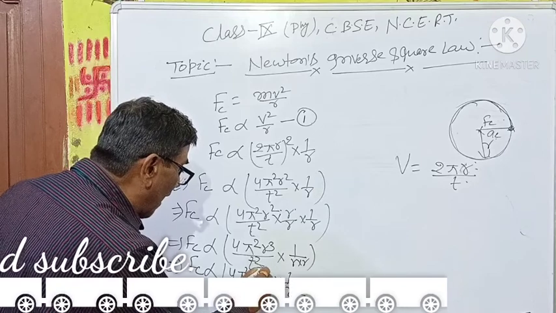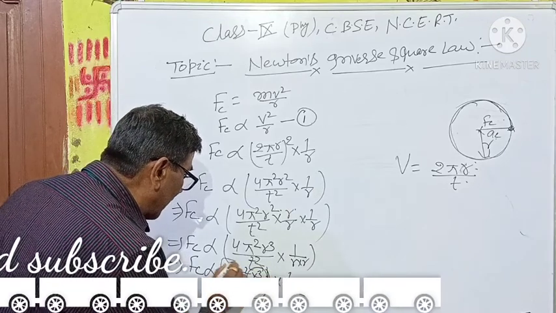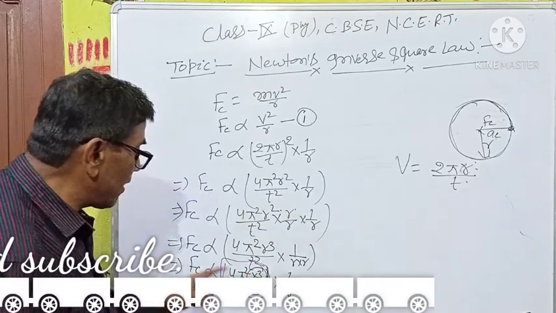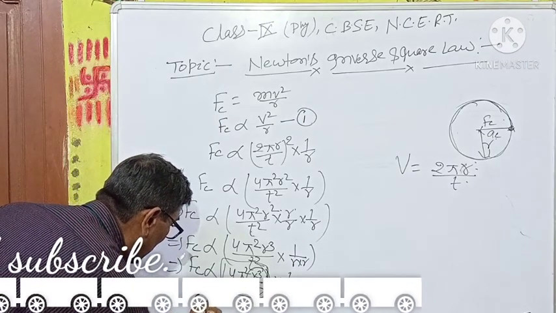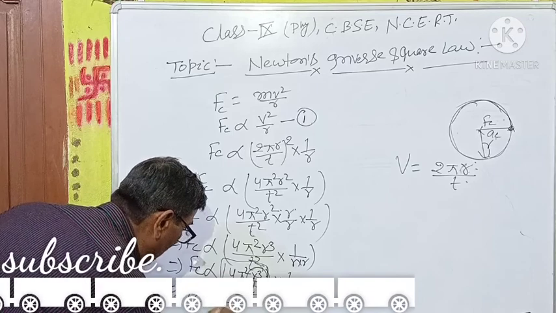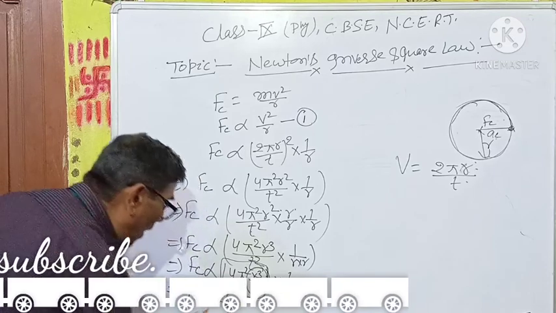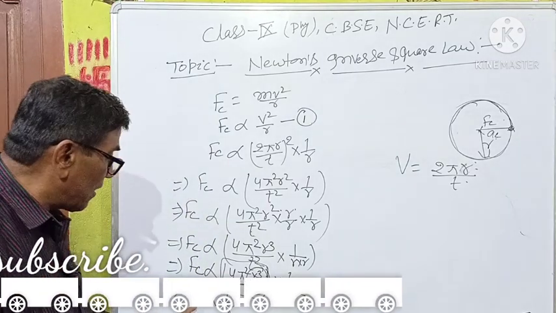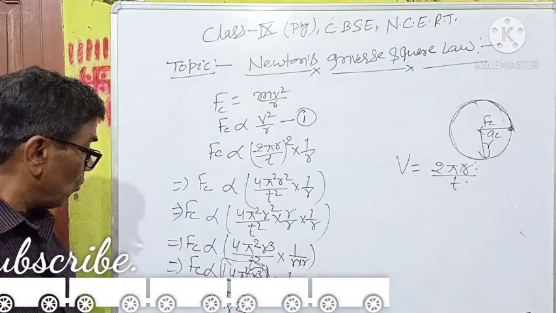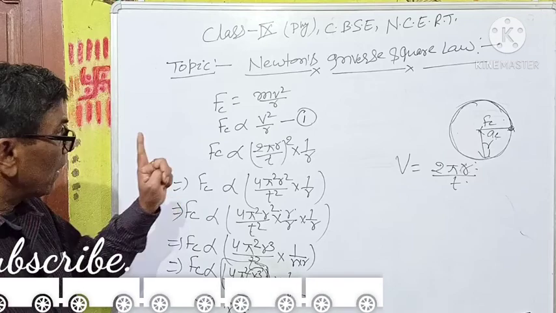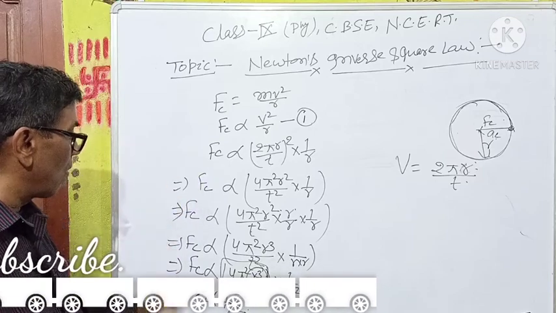Then all of them are constant, so Fc is directly proportional to 1 by r squared, or Fc is inversely proportional to r squared. So it verifies Newton's inverse square law.